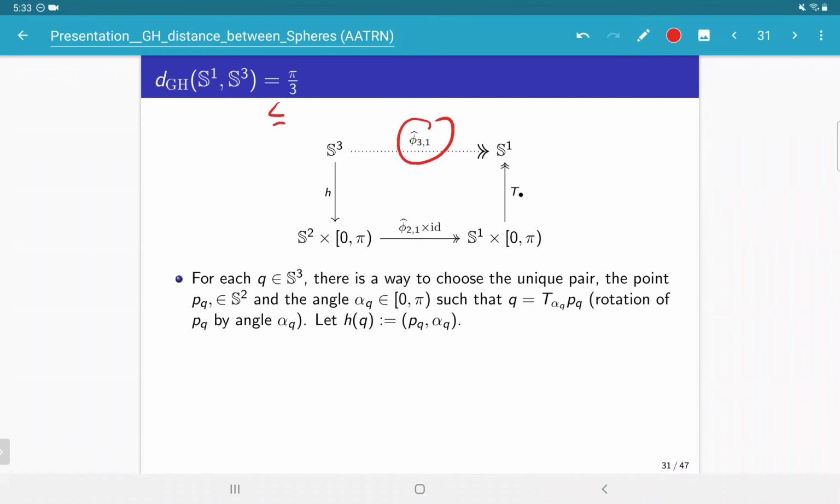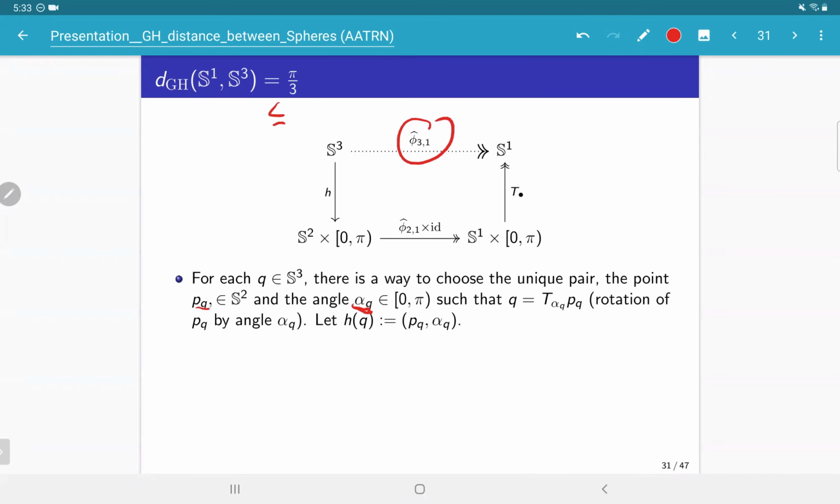And here is how to build this map. For each point Q in S3, there is a certain way to choose a unique pair P sub Q and alpha sub Q. Here, P sub Q is a point of S2, and alpha sub Q is just an angle between 0 and pi.